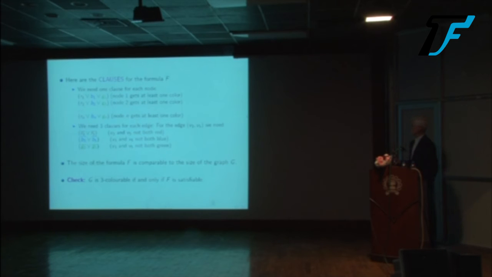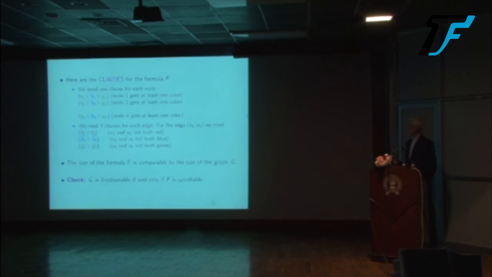So what do we do? Well, fix an edge like B3, B5, and we put in these three clauses. This one says not R3 or not R5. So to satisfy this, you can't assign both node 3 and node 5 red, because that wouldn't be a legal coloring.